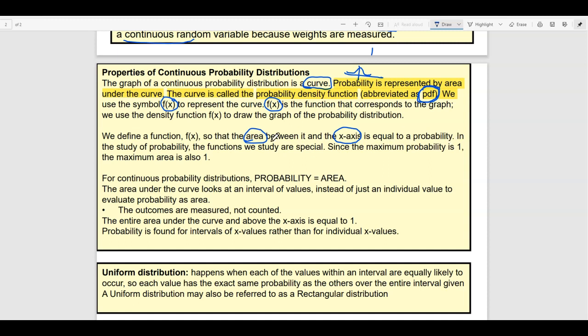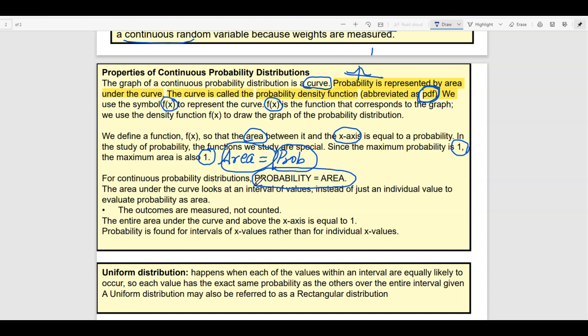These are the important notes. In the study of probability, we know that the maximum probability is 1 and the maximum area is also 1. So if I ask you for area, I'm asking you for the probability. Probability is nothing but simply the area under your curve.